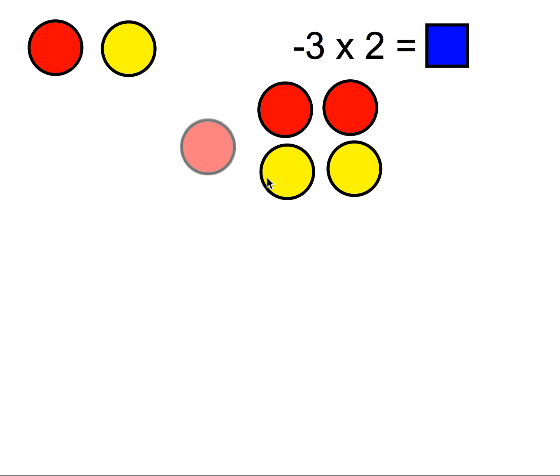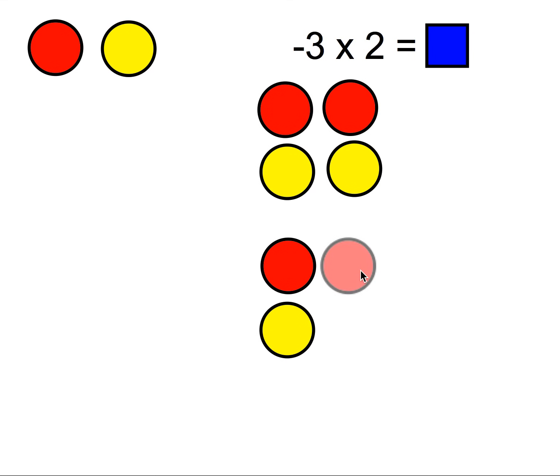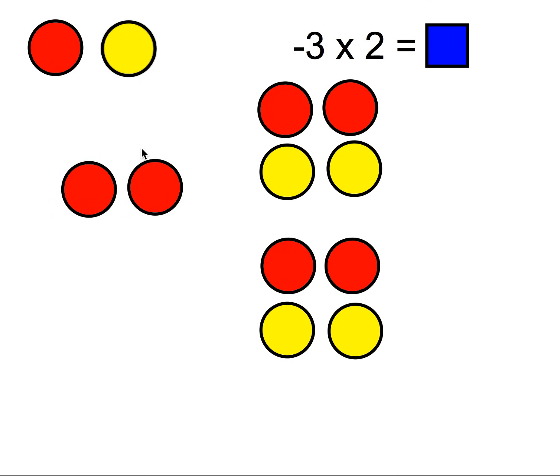There's my first group. My second group. And I'm going to put my third group over here. My third group. So these are my 3 groups of 2 0 pairs.